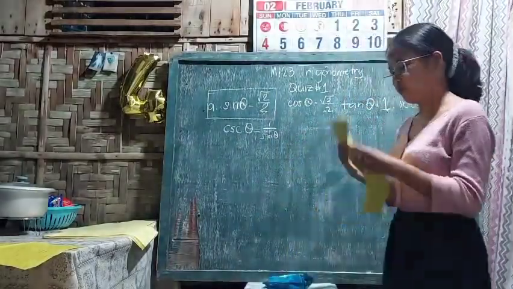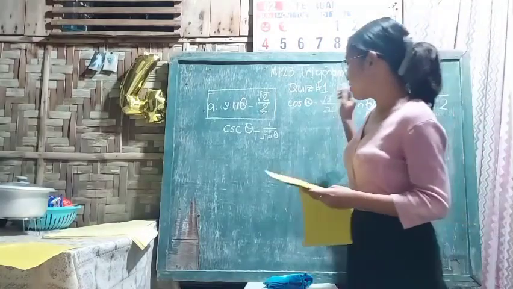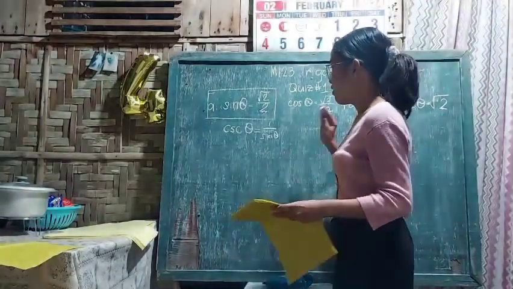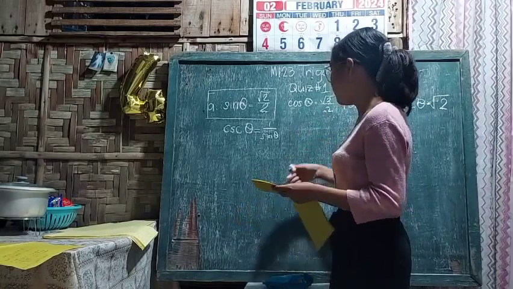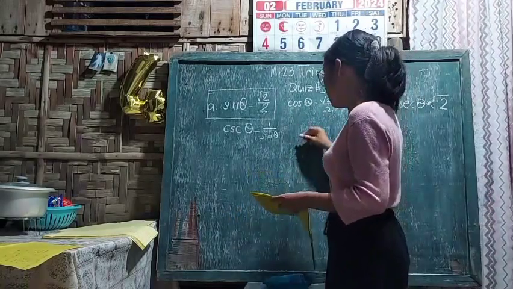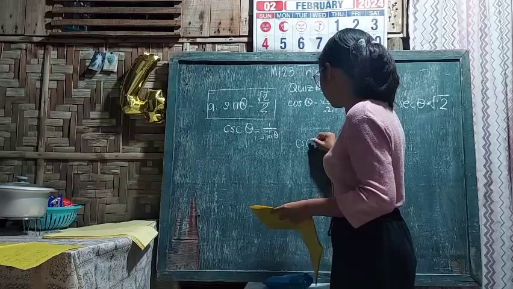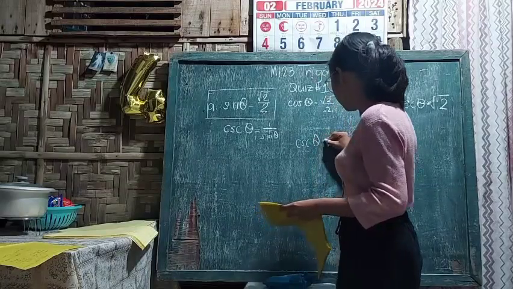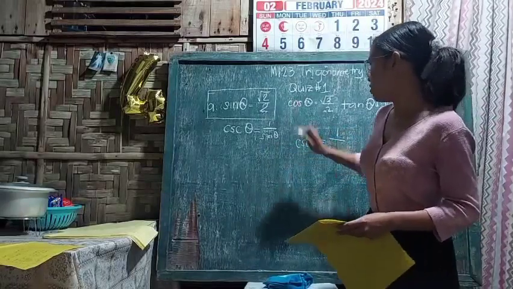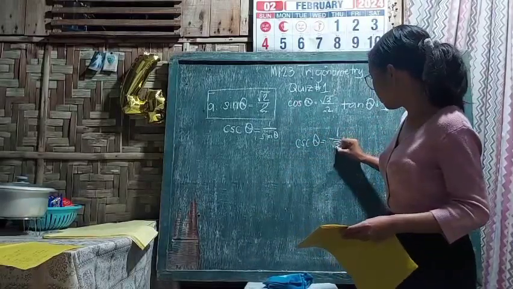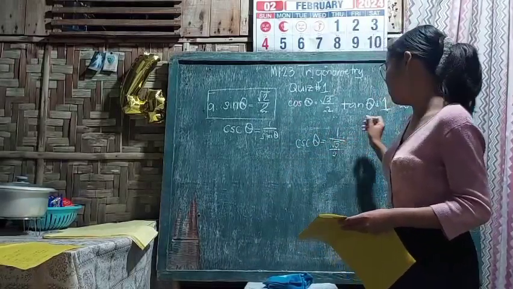So now let's substitute our values of sine. Cosecant theta is equal to 1 over sine theta, which is square root of 2 over 2.